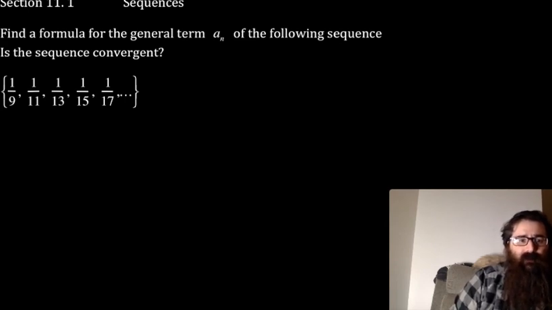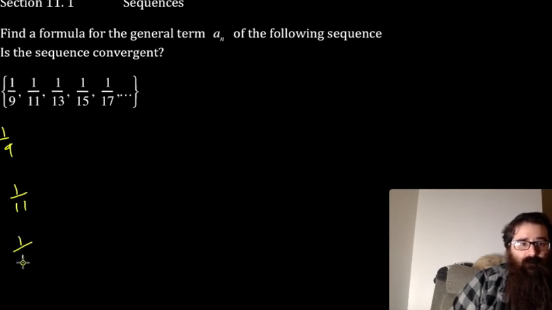So what I like to do is start by saying, okay, a sub 1, my first term, is 1/9. a sub 2, my second term, is 1/11. a sub 3, my third term, is 1/13. And a sub 4, my fourth term, is 1/15, and so on and so forth. I'll just do these four to start.